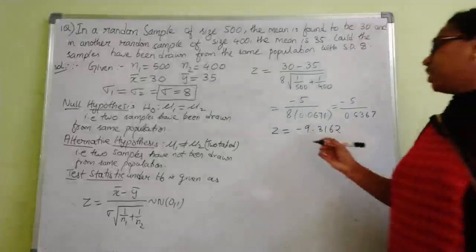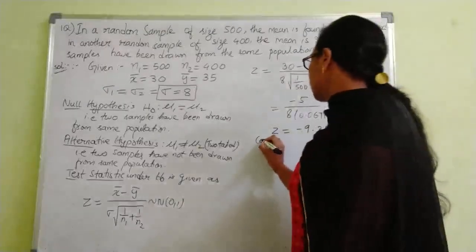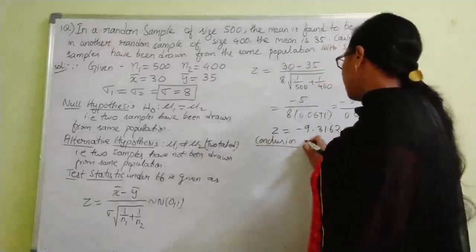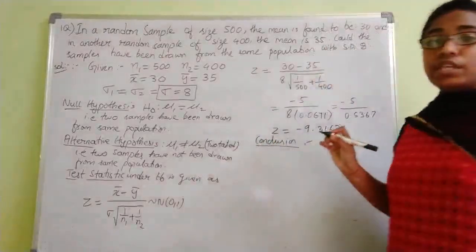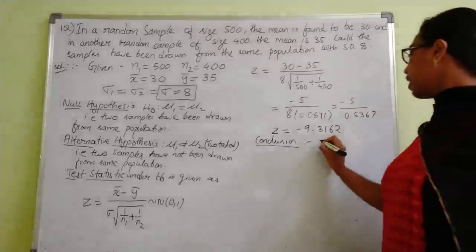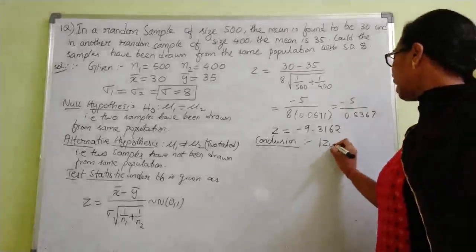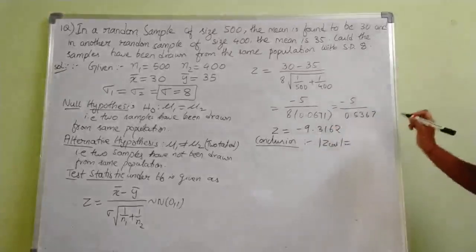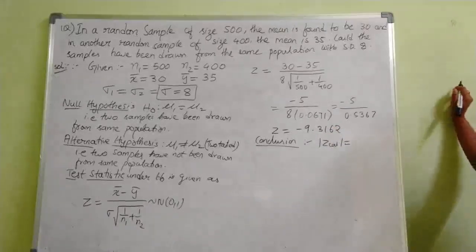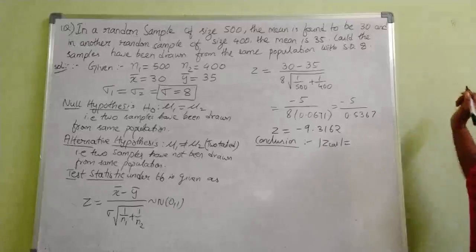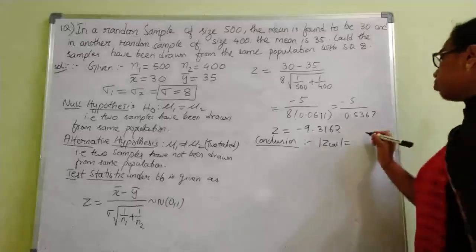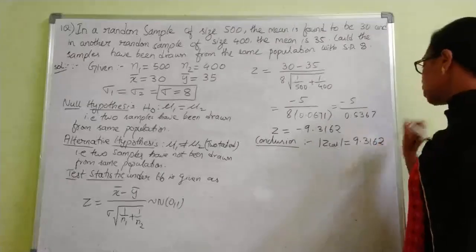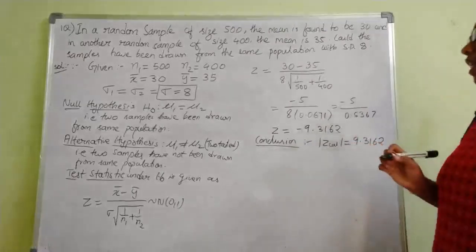Now comparisons and conclusions. Conclusion, or you can write inference also. So in this, what is the first thing we are going to write? Mod Z calculated. Mod Z calculated is minus 9.3162, and the modulus of a negative value becomes positive, that is 9.3162. So we got mod Z calculated.